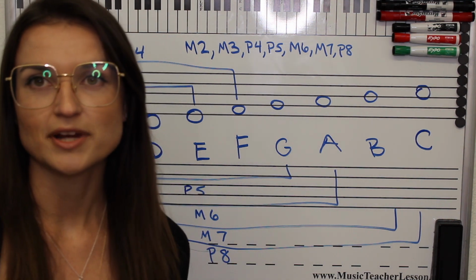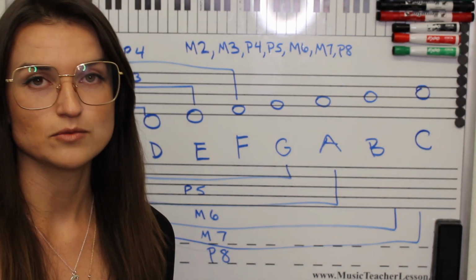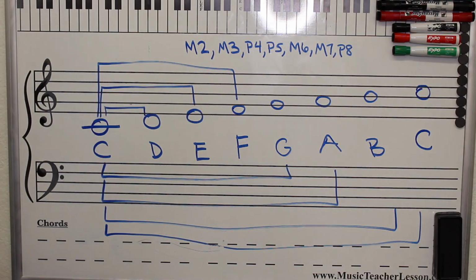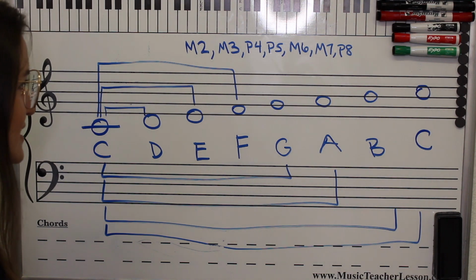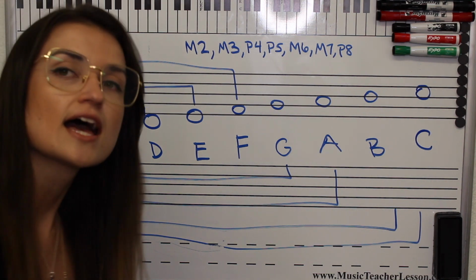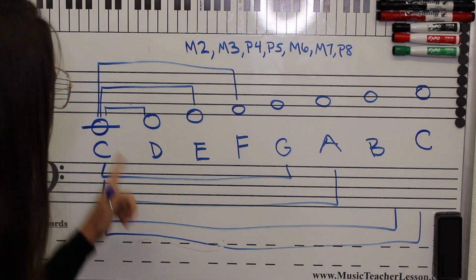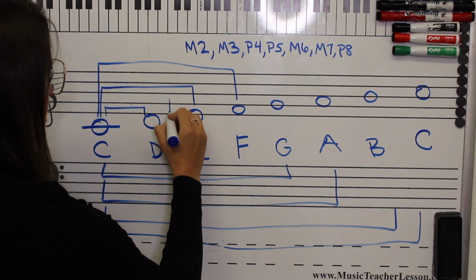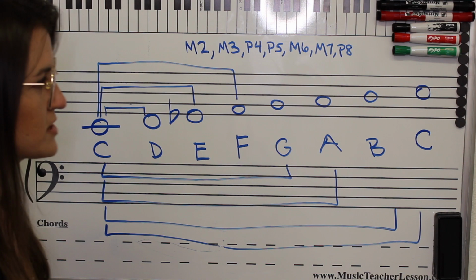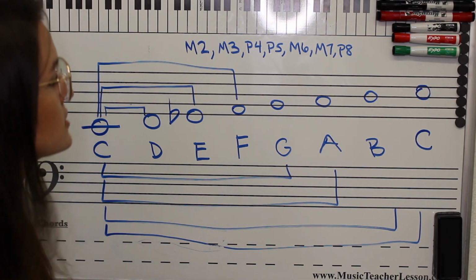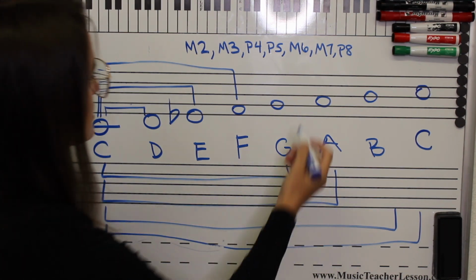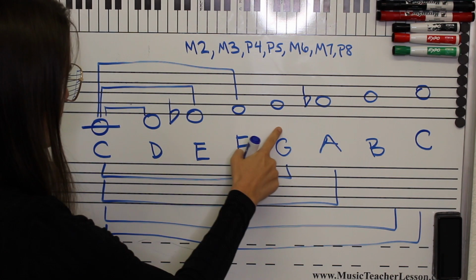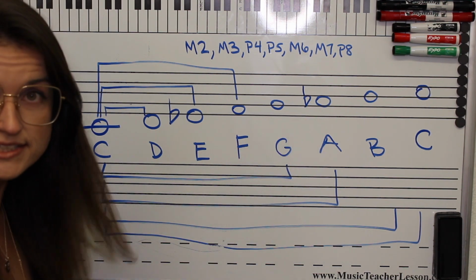Now we're going to erase the intervals and we're going to make our scale minor. Okay, the minor scale, the natural minor scale, has a flat third. So we go 1, 2, 3, and put a flat on it. It also has a flatted sixth. So the A is the sixth note of the major scale. 1, 2, 3, 4, 5, 6, and a flatted seventh.